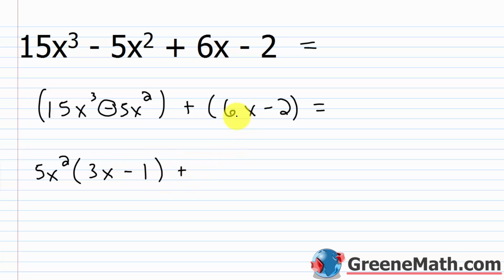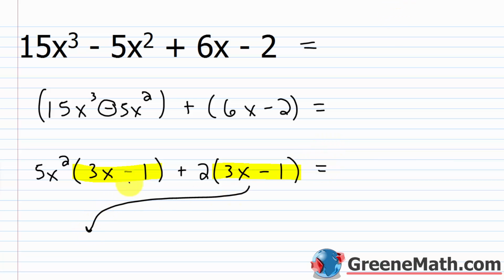So then plus, what can I pull out from 6x minus 2? So again, the GCF of 6x and 2 would be 2. So if I pull that out, 6x divided by 2 is 3x, and then 2 divided by 2 is 1, so minus 1. So you can see that we have this common binomial factor of 3x minus 1. We can just pull that out, okay? We can factor this out.